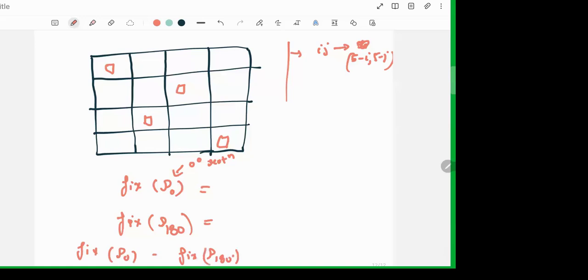Fix rho 180 is all non-attacking rook positions fixed under 180, and fix rho 0 is basically all permutations. So you are removing the rook placements which are fixed under 180. What remains are rook placements which are not fixed under 180.